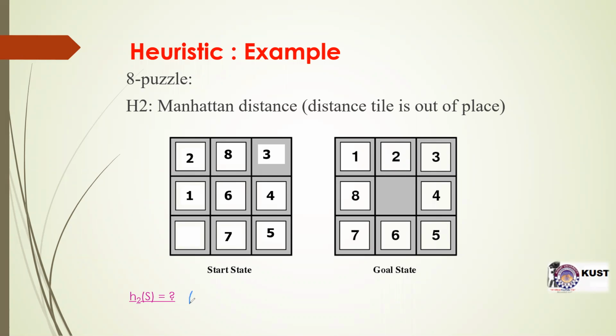So we write 1. Similarly, tile 2 needs one step to move to its correct position, so we add 1. Tiles 3, 4 and 5 are all in their correct positions, so they need no move.